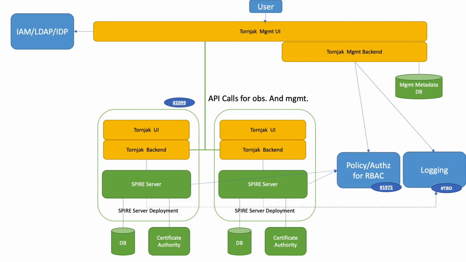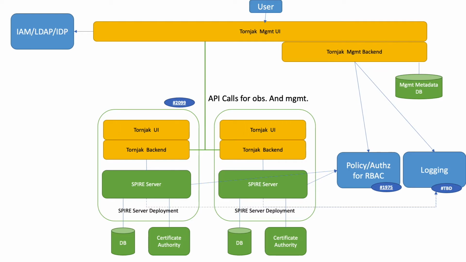All the connection information for individual Tornjaks are stored in a management metadata database. Okay, so going down to the individual Tornjak level, they also have their own UIs as you have seen on the previous demo. These individual Tornjak backends communicate via socket with the corresponding SPIRE servers, as it was shown earlier.